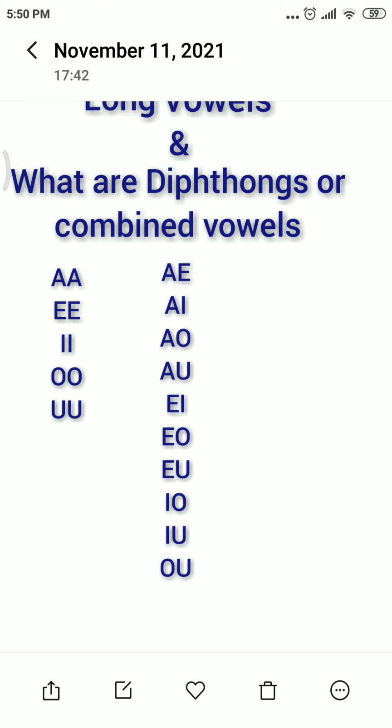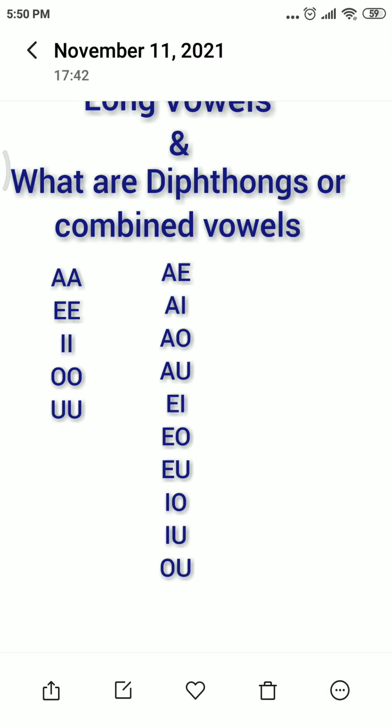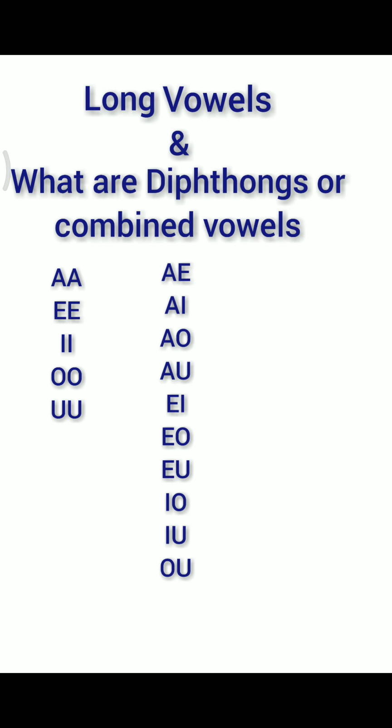In the sense there is the vowel ow. Ow is nothing but OU, right? And there is a vowel called I. So AI can be pronounced as I.